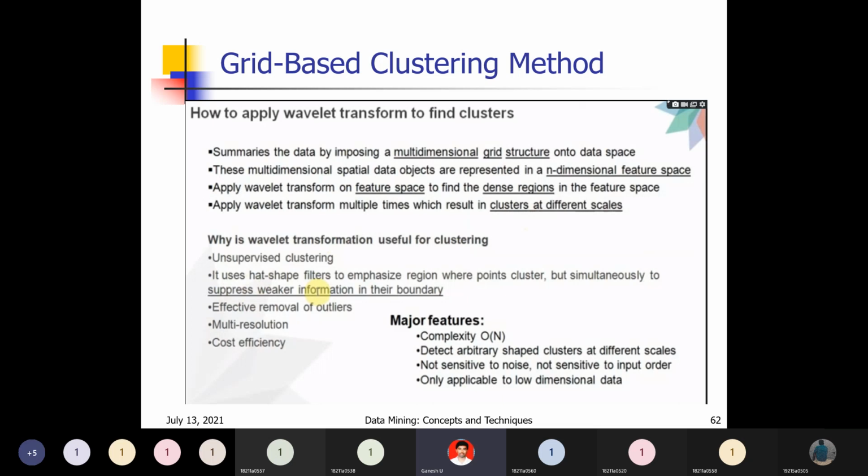Those 9 cells are divided into 5, 4, like that, 2 clusters, and in the next level the 18 objects are divided into 5, 5, 4, 4, like that. At each level, based on the number of cells, the data can be divided into clusters, so the number of clusters differs at each level.